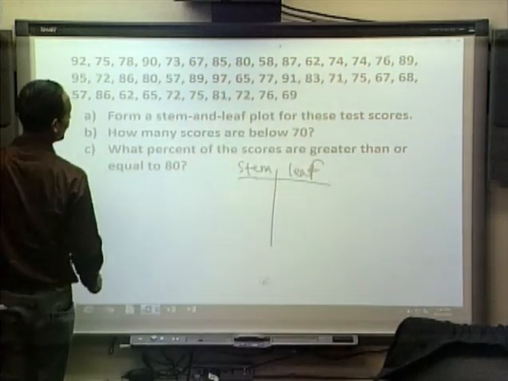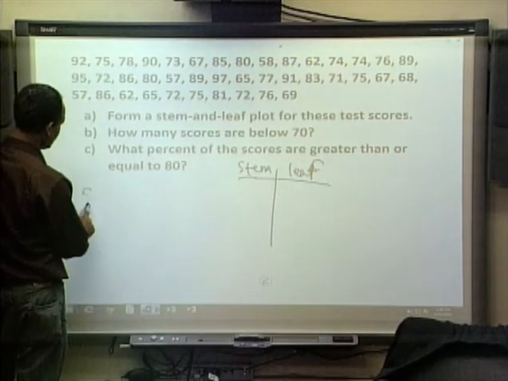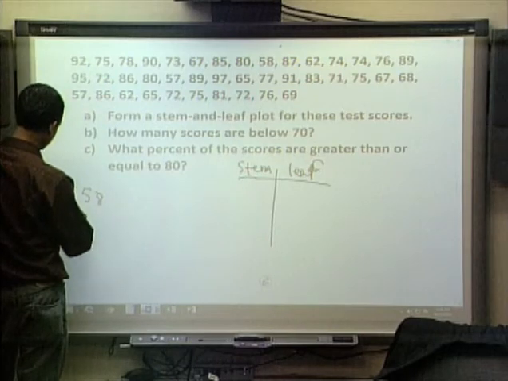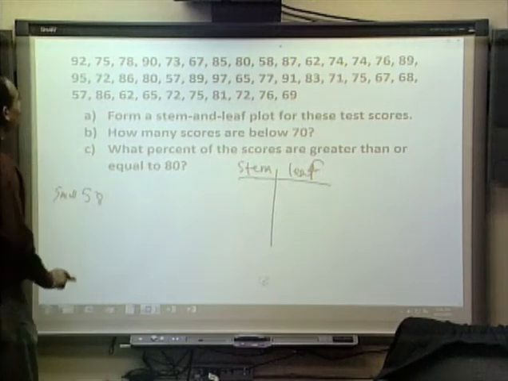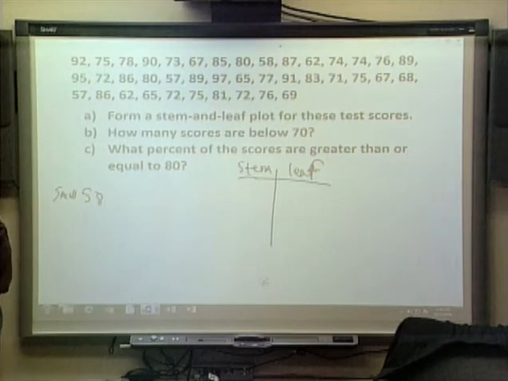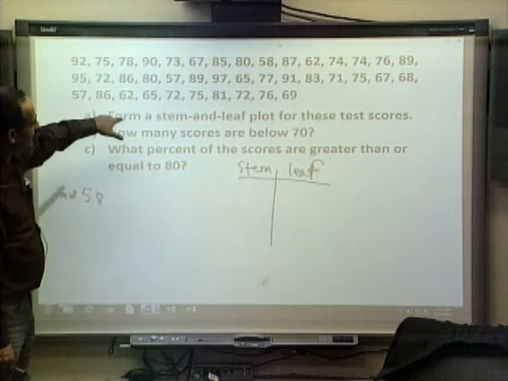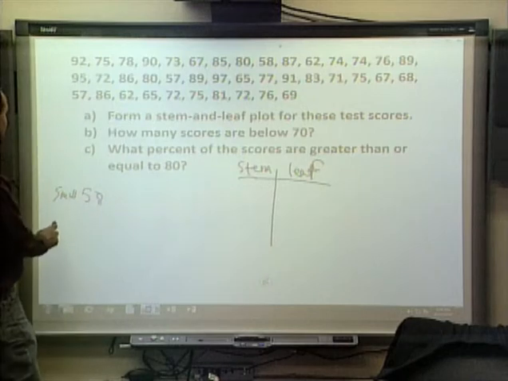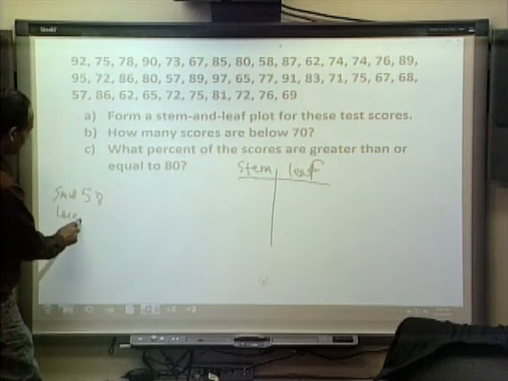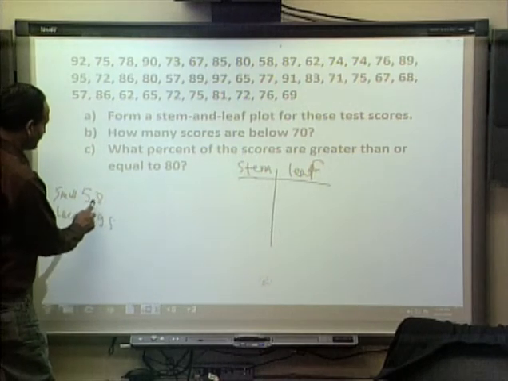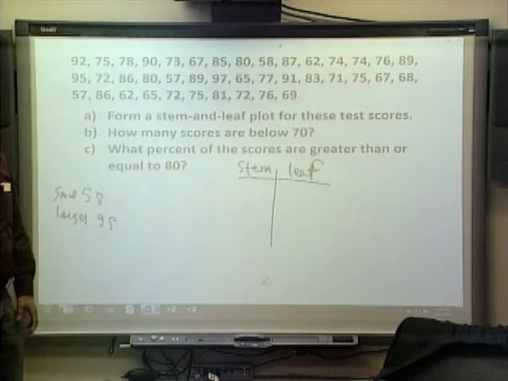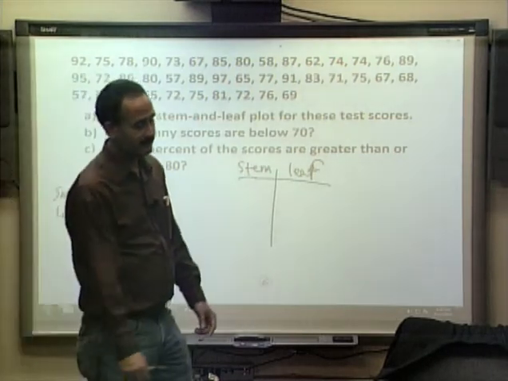Now, the next thing we want to identify is the largest. I see a 92 here, I see a 95 here, and it looks like 95 is the largest. So the smallest is 58, the largest is 95.